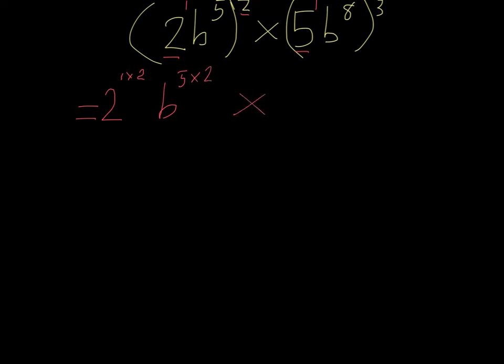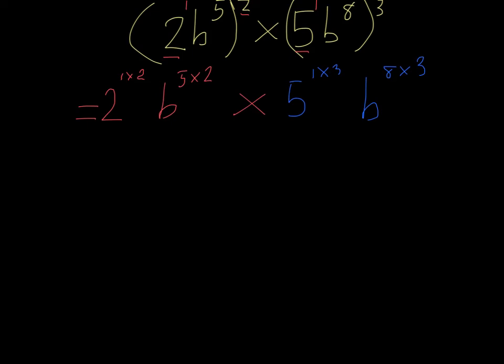And that's all going to be multiplied by, on the other side, 5, which is to the power of 1, as we know, times 3, b to the power of 8 times 3.